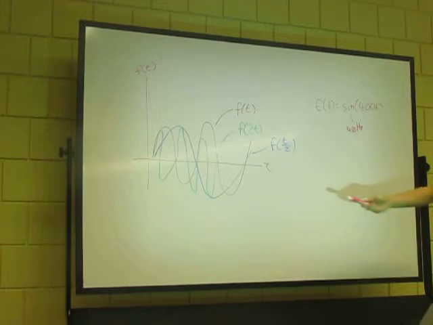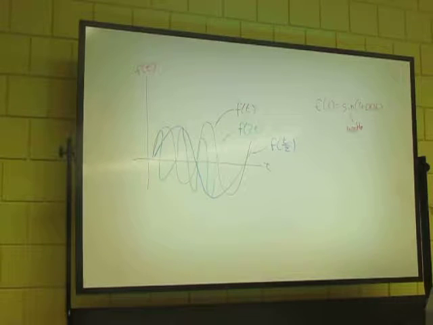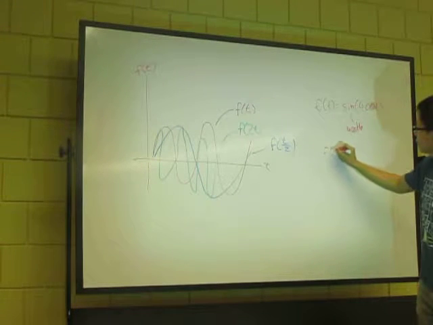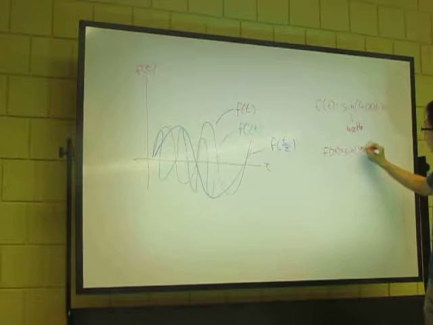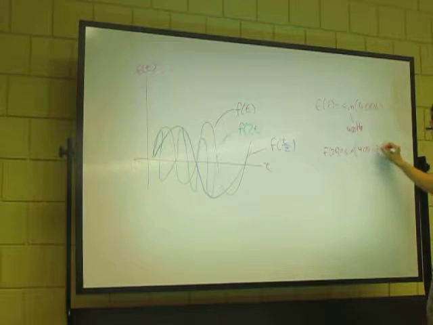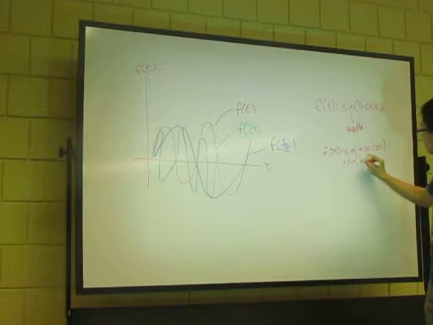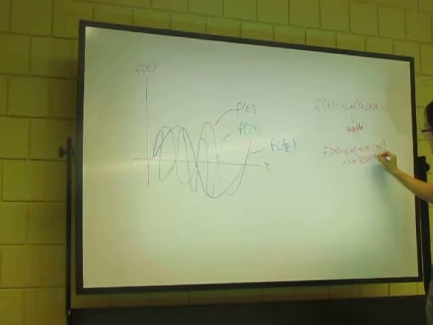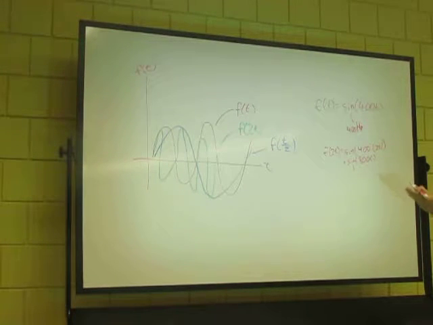And now we can see why exactly f of 2t is double the frequency. Because if we plot f of 2t, this is sine of 400 times 2t, which is sine of 800t, which means that this is, what's the frequency of this?